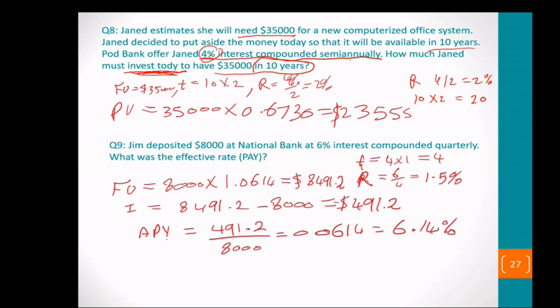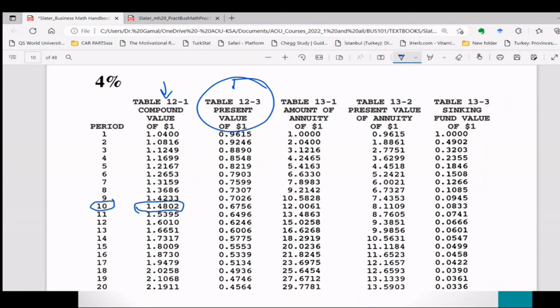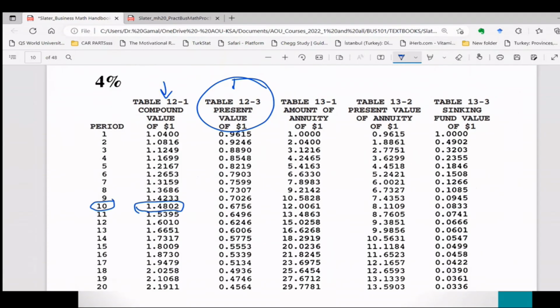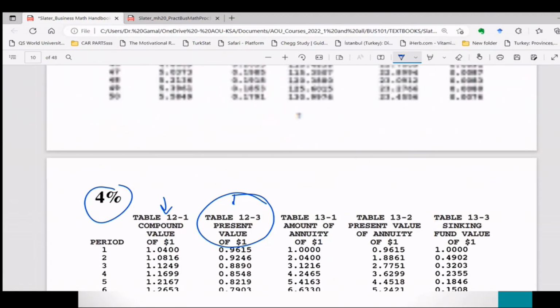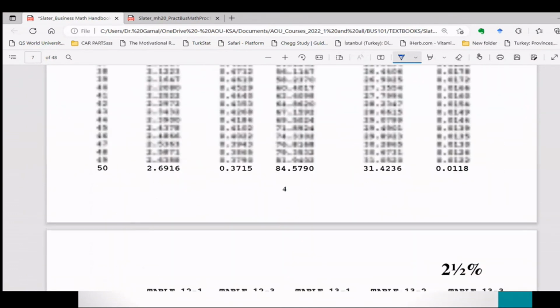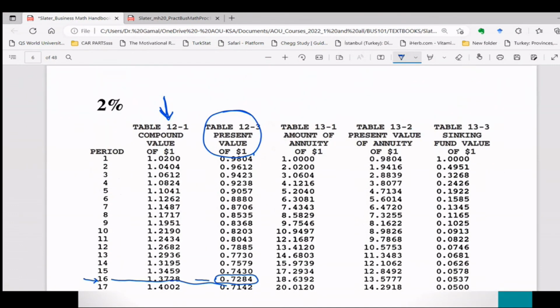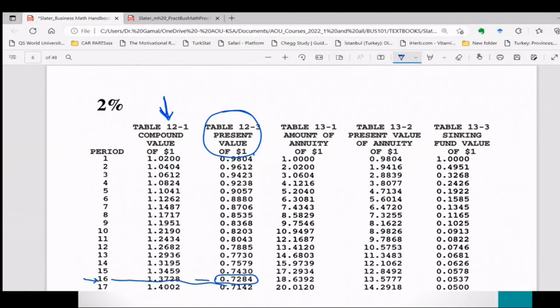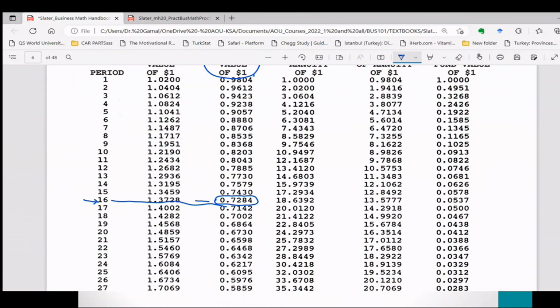So at 2%, 20 periods, what's the present value table factor? I want to first look at the period, not to be confused. 20 periods.